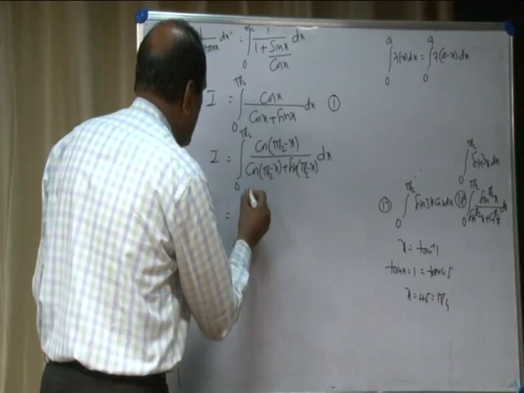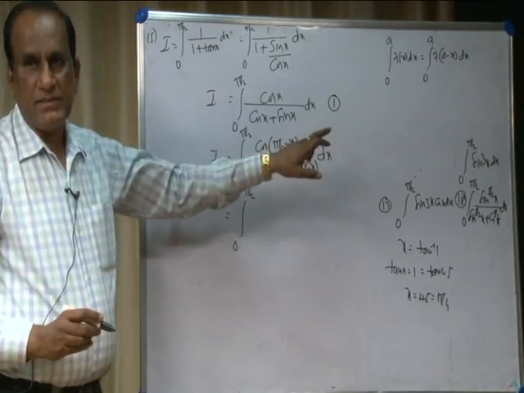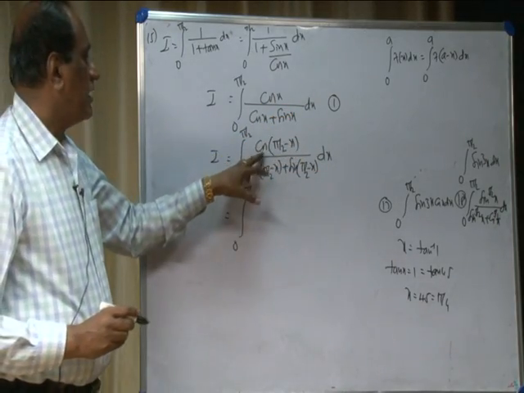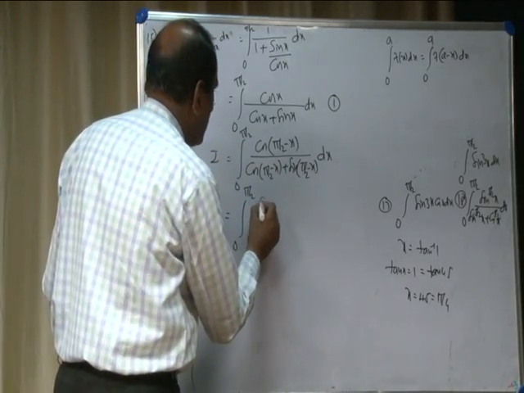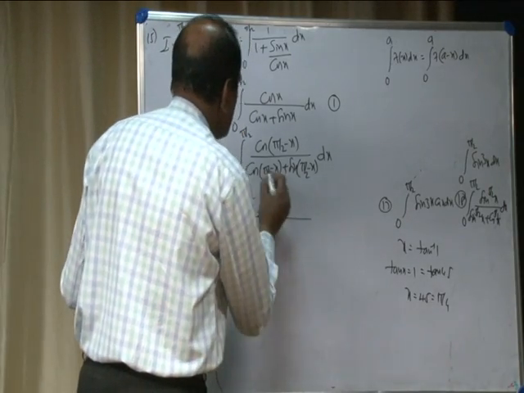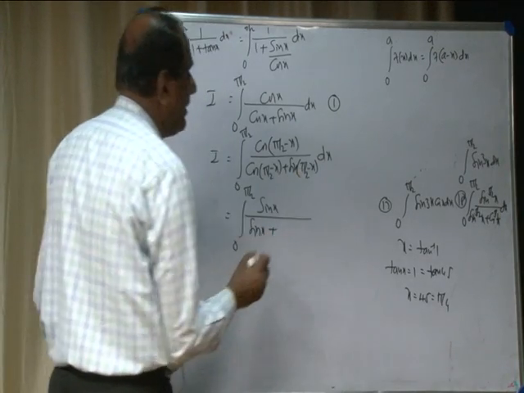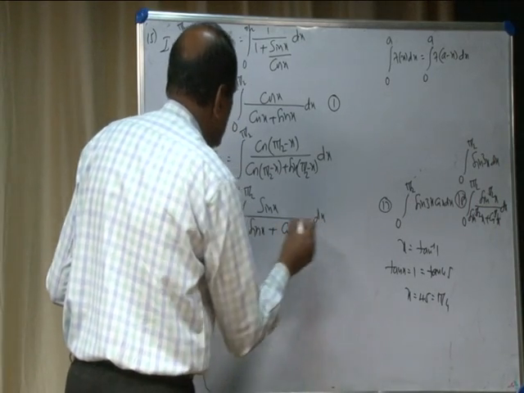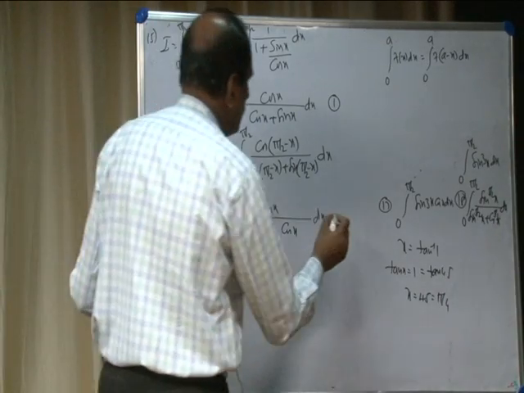See here, cos of 90 minus x, 90 minus theta is in the first quadrant where all T functions are positive. In the first quadrant, cos of pi by 2 minus x changes to sin x, divided by sin x plus cos of pi by 2 minus x, which is cos x, dx. So, this is also I. Call this equation 2.